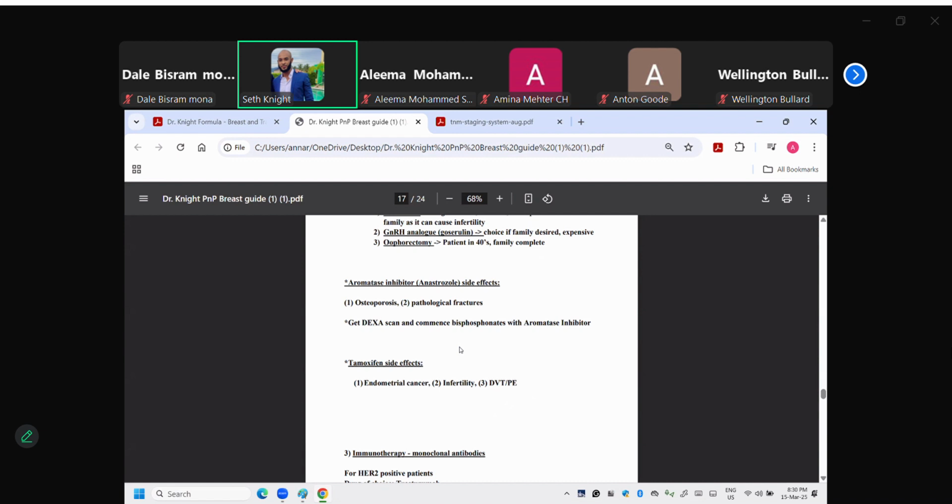So in patients on aromatase inhibitors, even though they are postmenopausal and their risk of osteoporosis is increased already, you further increase that risk of pathological fractures because now they have no estrogen whatsoever.